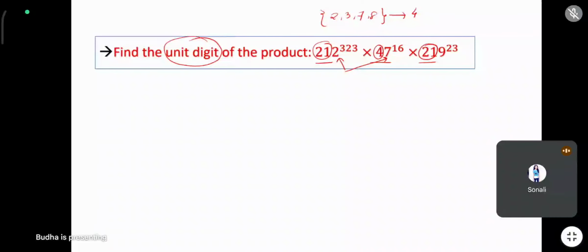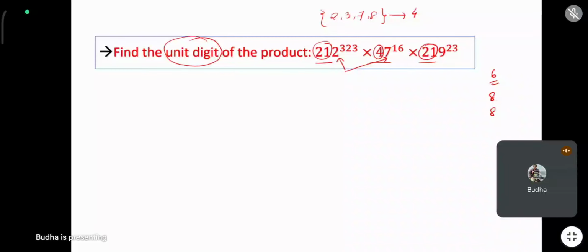72. But they're talking about the last digit, right? Yes, sir. Last digit means it should be a unit digit, single digit. It's 6. Okay. Sir, 8. Yes, sir. 8 answer.